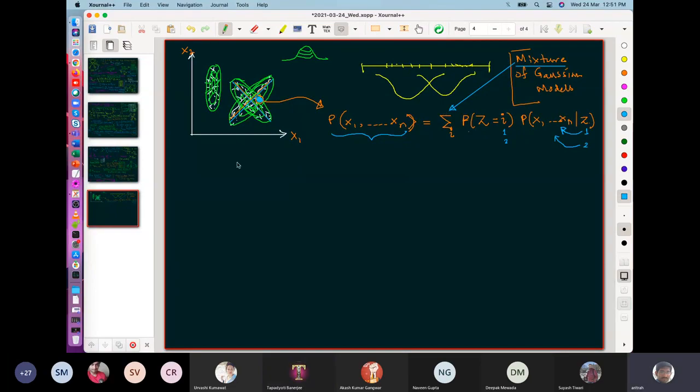So here, the unknown part is which are the Gaussians. For a point, that means a point is observed, but the Gaussian that you are selecting is unobserved. So which Gaussian you select is the unobserved part that makes out this point.